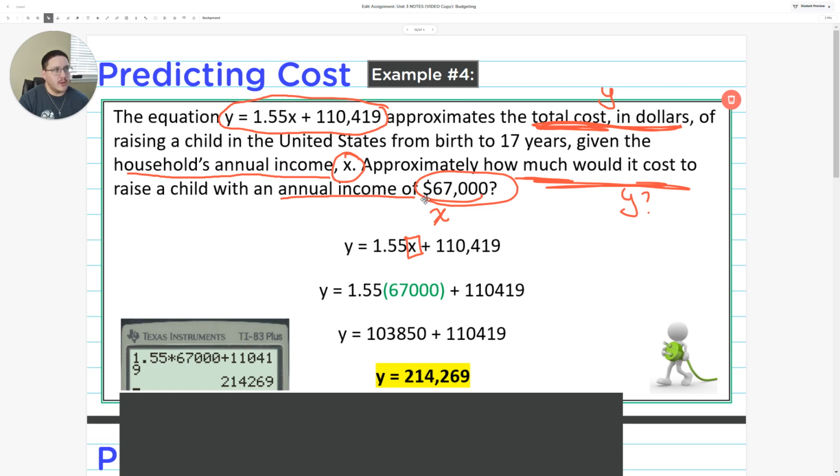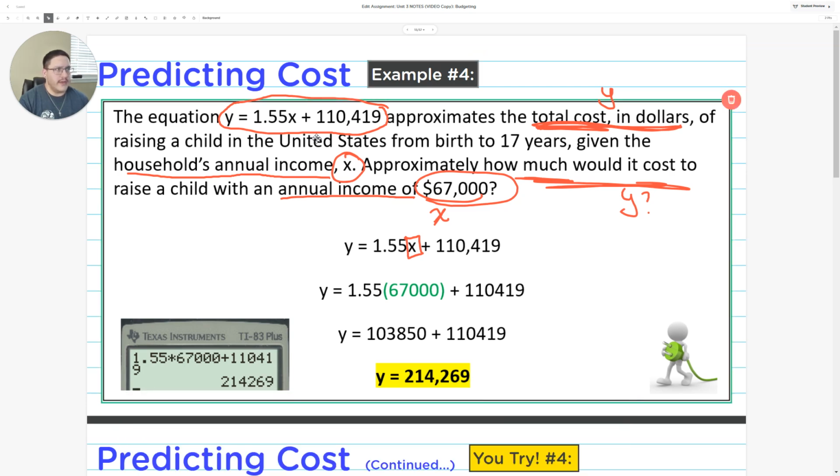Meaning that if you have an annual income of $67,000, it's going to cost you $214,269 to raise this child. And that's it for example 4.